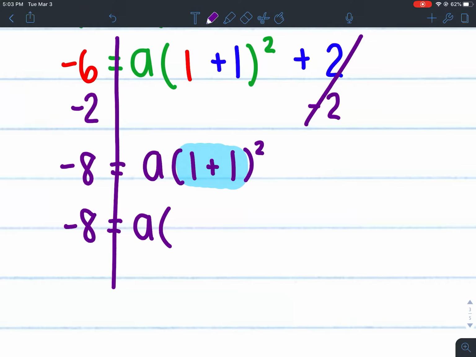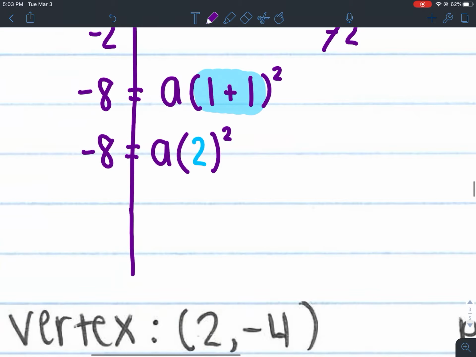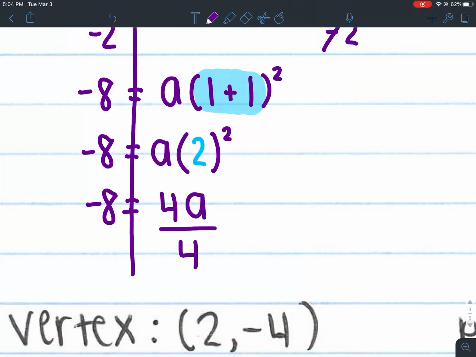So inside the parentheses I have a 2. What's 2 squared? 2 squared is 4. So this is 4a. You could write it as a4, but that looks kind of funny, so I'm going to write 4a. How do I get a by itself? I divide both sides by 4, and a equals -2.